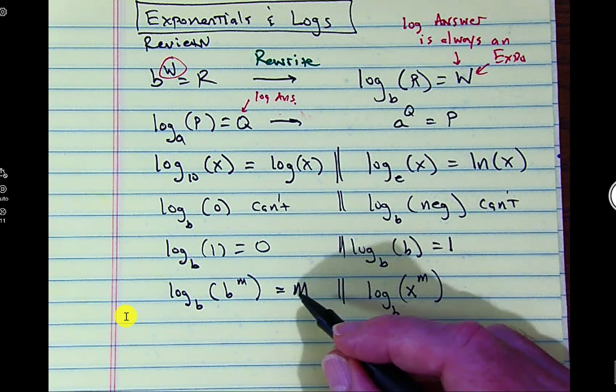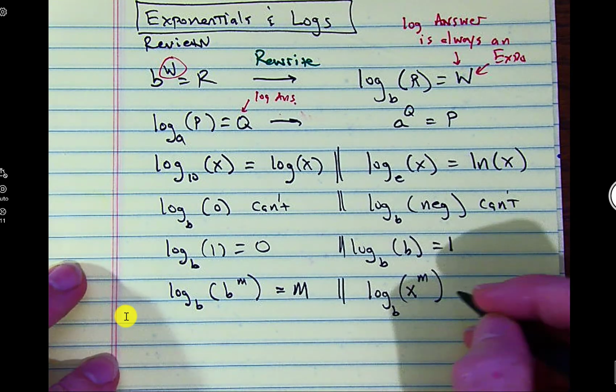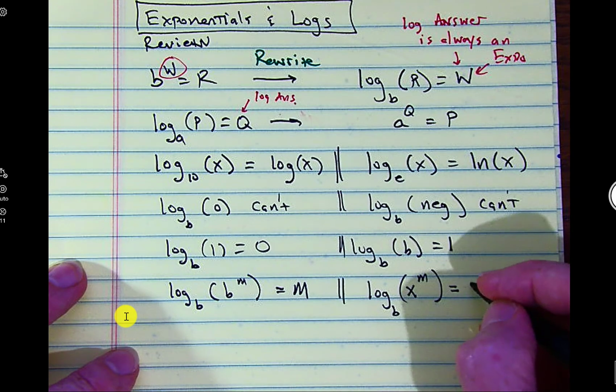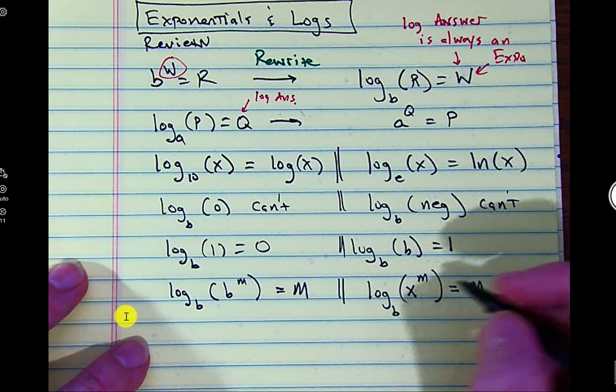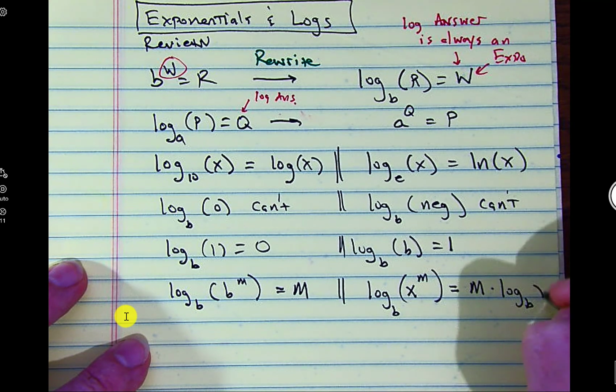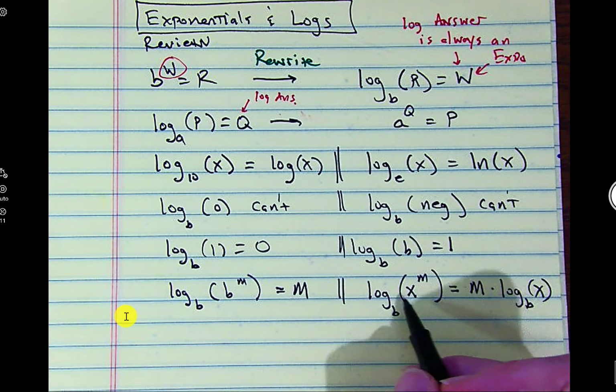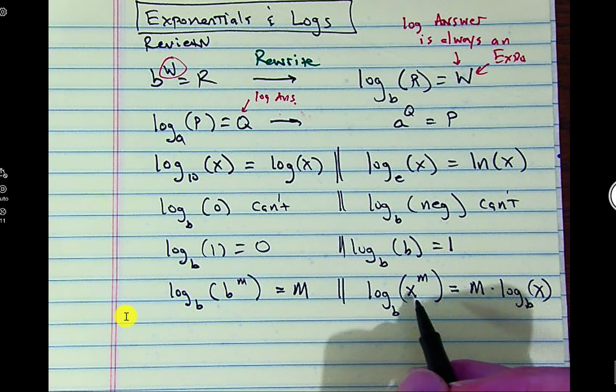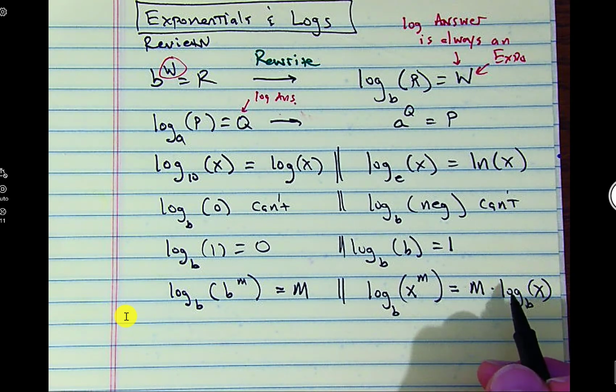But there is a property similar to this one where it turns out we can pull the exponent m out as a coefficient. So this is quite handy to simplify more complicated log properties when we use this principle here.